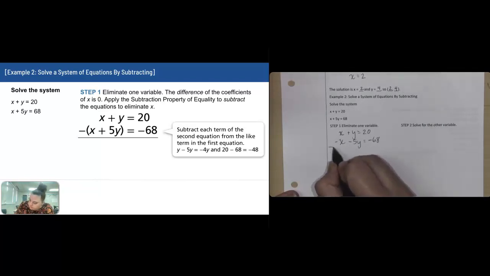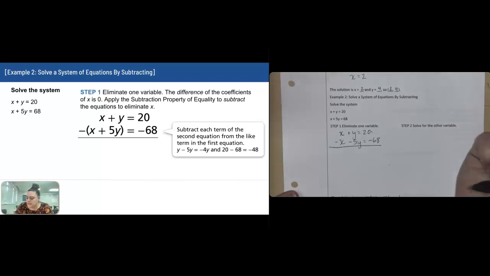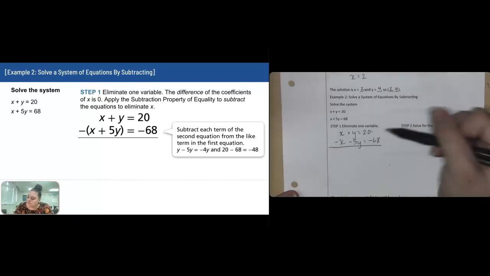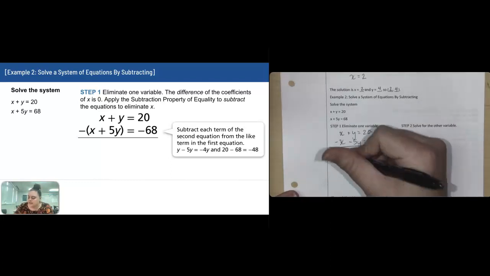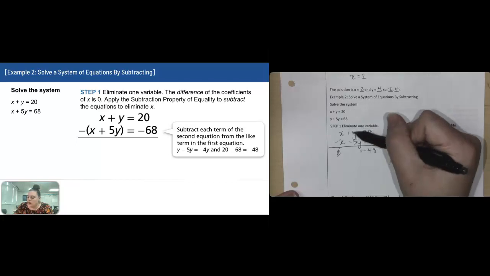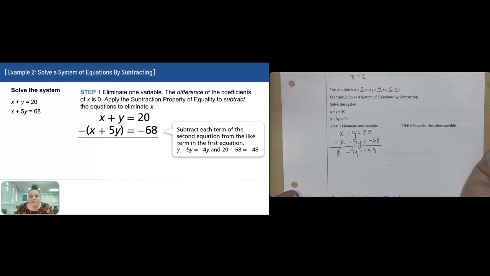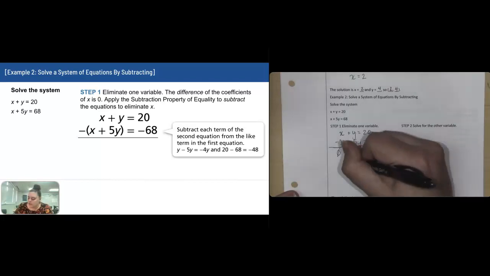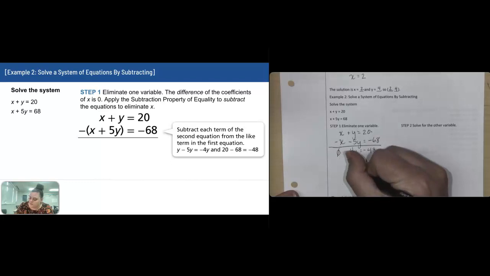And then we combine that. 20 minus 68 is going to be negative 48. x minus x is 0. And y minus 5y is negative 4y. From here, we can divide both sides by negative 4 to get that y must be 12.